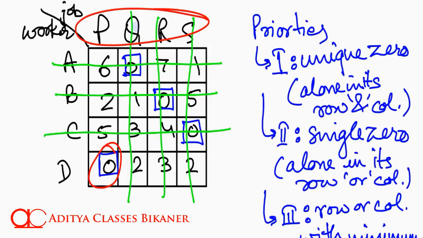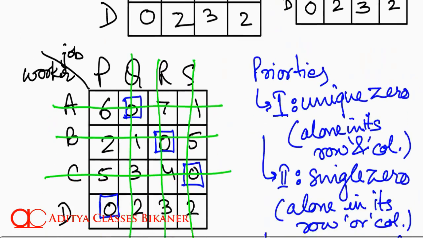P, someone is there to do this task. Q, someone is there. R, okay, someone is doing this task. S, someone is doing this task. So all my workers have been assigned to tasks and all my tasks are being performed. So this completes my first assignment example where all workers have been assigned to tasks.